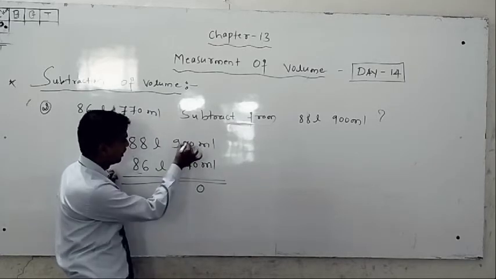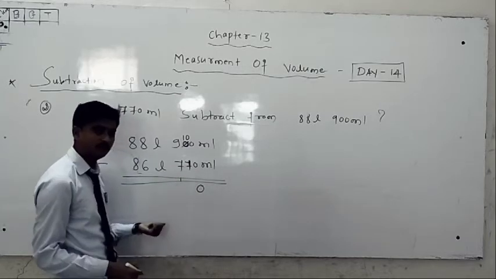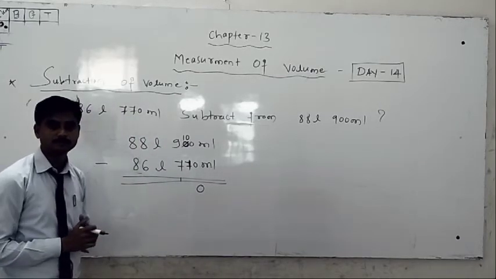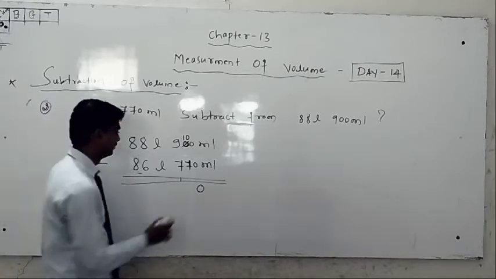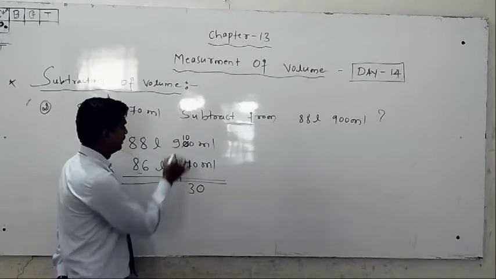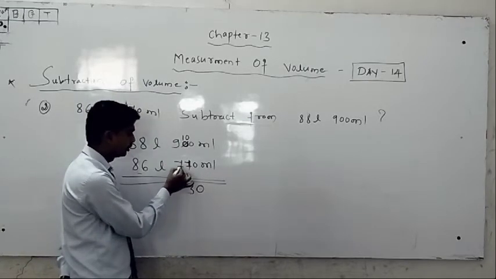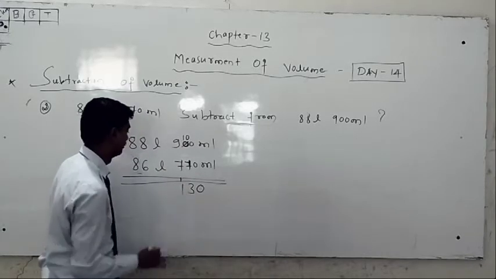Then 0 cannot subtract 7, so you take a borrow, it is 10. 10 minus 7, you have to do mentally. I told you many times, you have to do it mentally. It is 3. 9 minus 7 plus 1, it is 8, because 1 is carried there, so you add here, then you subtract. 9 minus 8 is 1.